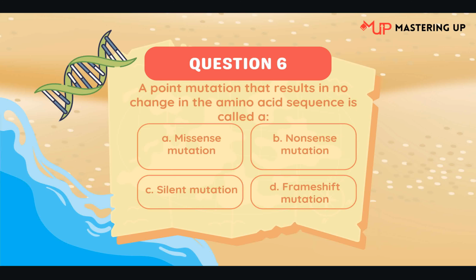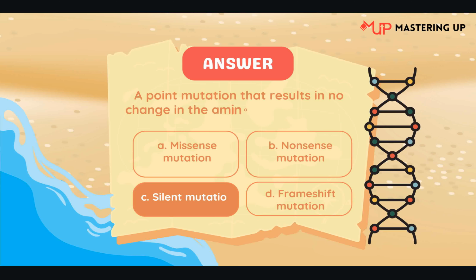Option C, silent mutation. Option D, frameshift mutation. Let's see the answer. The answer is option C, silent mutation. Hope you all got the correct answer.